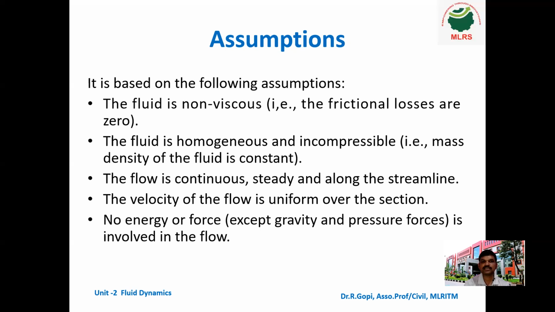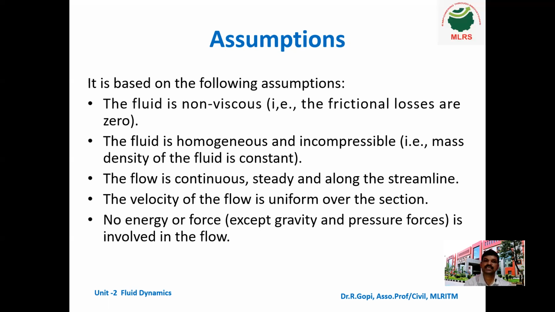That is called homogeneous. Incompressible means the density of the fluid is constant. This we already discussed in fluid kinematics under the types of fluid flow. The fluid density is constant; that is called incompressible flow. Next, the third one: the flow is continuous.